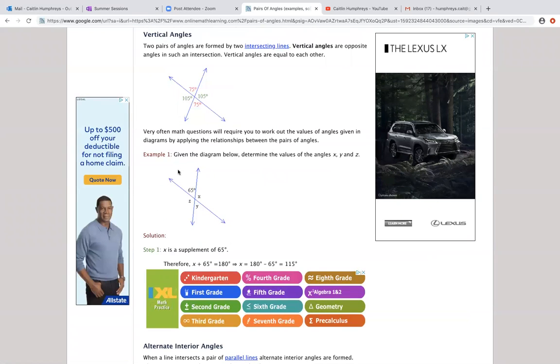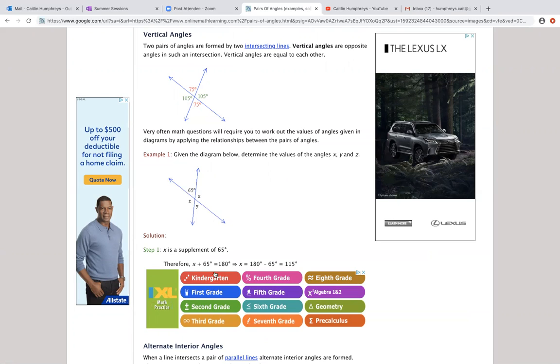The easiest way to attack this is that 65, you see the V, so you know Y is also 65. Well, if you know this is a circle, 360 minus 65 minus 65, that's going to give you that. The way they did it is x plus 65 equals 180, because this is a supplementary angle.